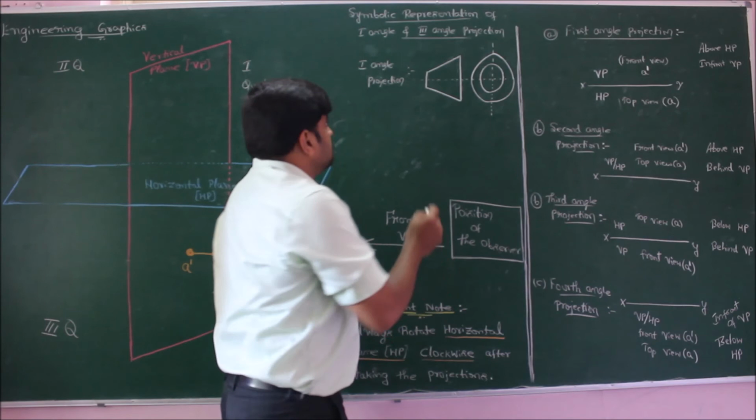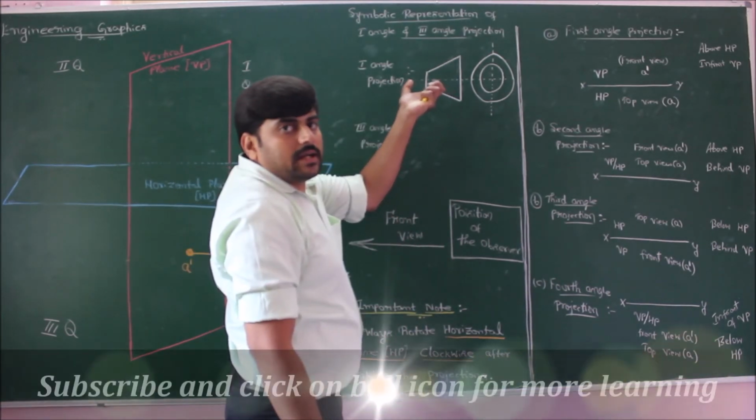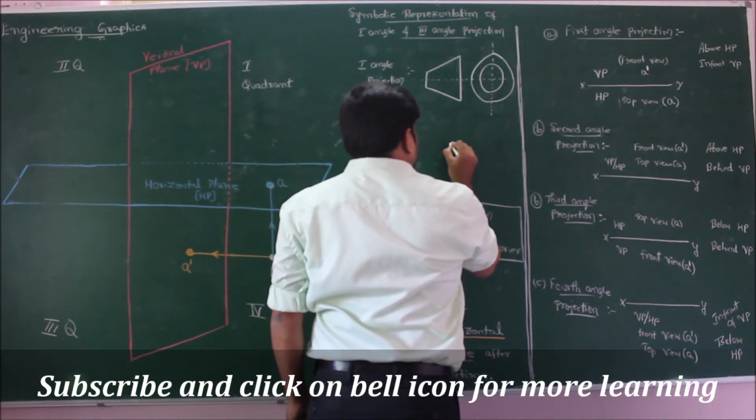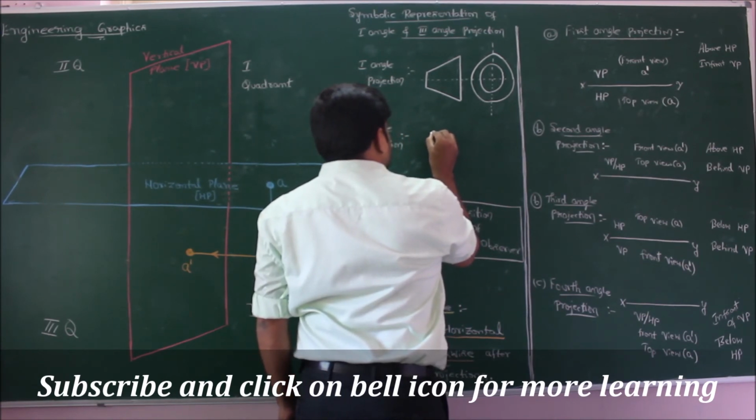Coming to the symbolic representation of third angle projection, the same tapered rod will be represented with the side view in front of the object.